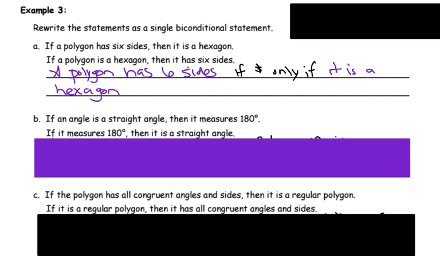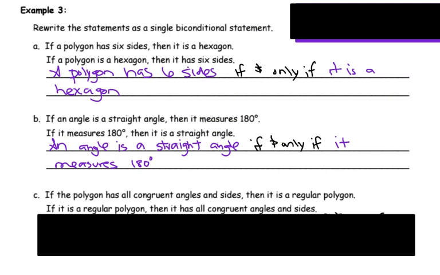And therefore, that is the reason why we actually can write the biconditional. Some of you may have had that question in mind. So that's the reason why we can justify writing biconditional statements for these, because the conditional statement is true and the converse is true. So for this one, you would end up with, an angle is a straight angle if and only if it measures 180 degrees.